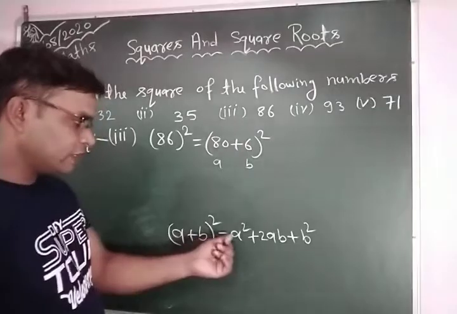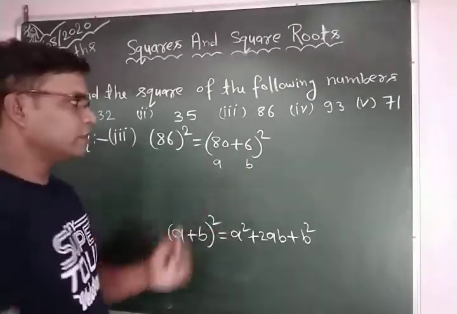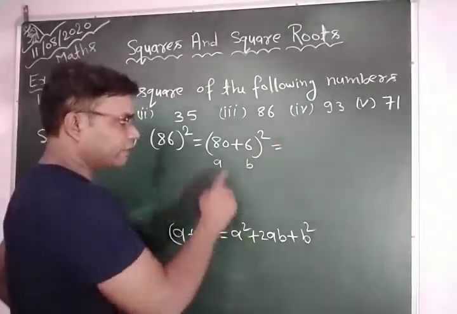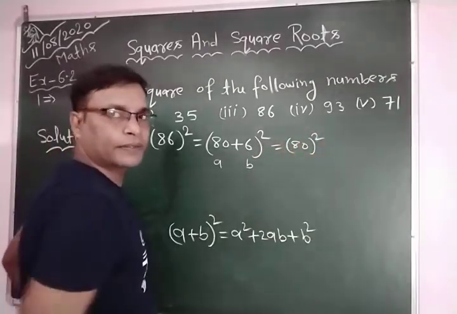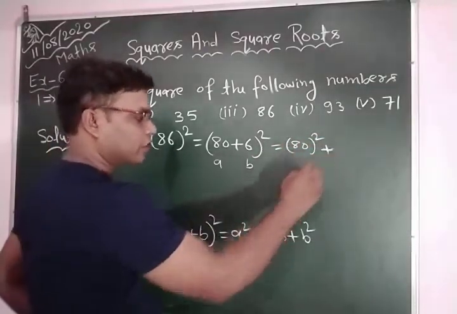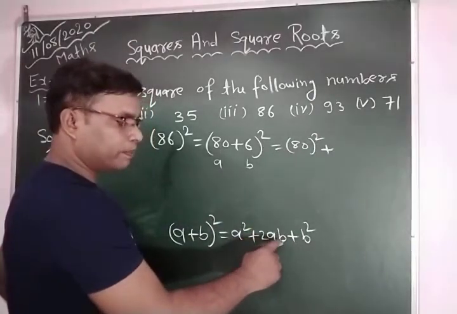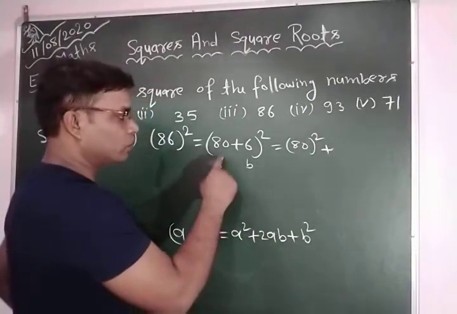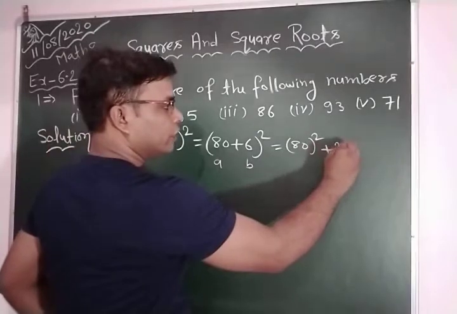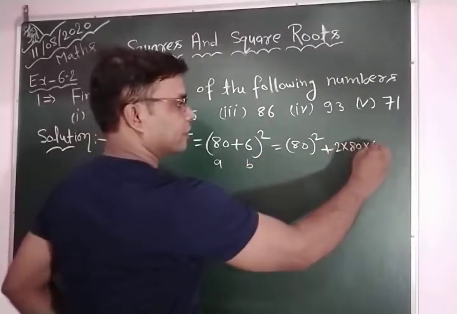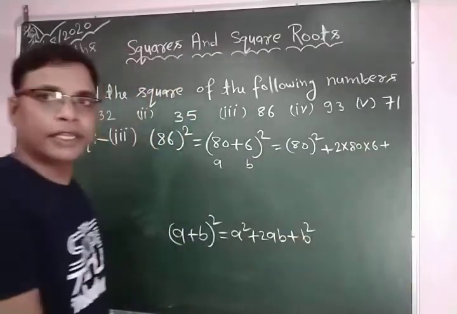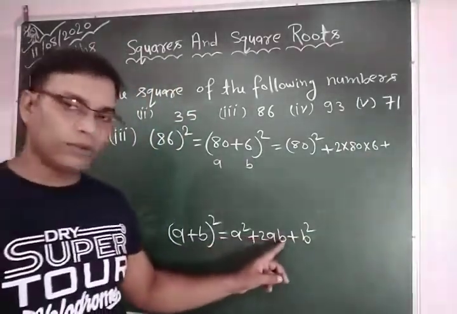Okay, so first here you write square of a, so this is equal to square of 80. Clear? Plus 2 into a into b, so 2 into 80 into 6.